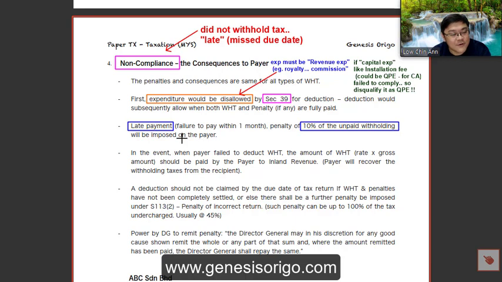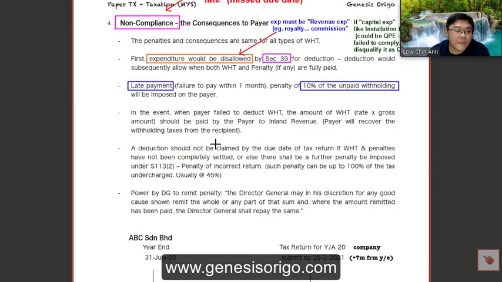So the late payment penalty will be 10% of the unpaid withholding tax. How much is the withholding tax that you're having? Then you just take 10% of it. This is the most straightforward thing that we see. No deduction, 10%.